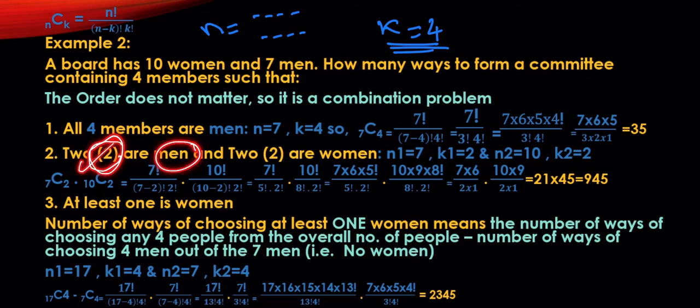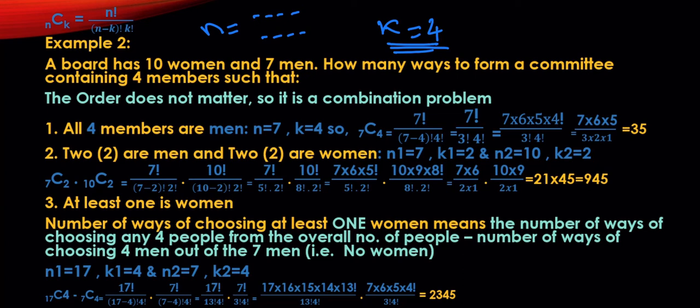So my K changed and my N is now limited to the men. I have N1, the men, which is 7, and K1 is 2. And also for the women, N2 is 10, and K2 is 2. So this would be mine.